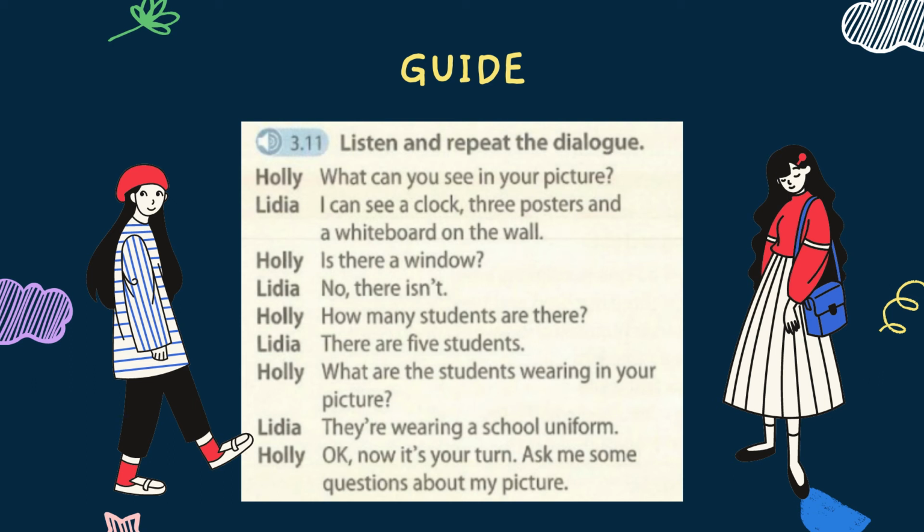What can you see in your picture? I can see a clock, 3 posters, and a whiteboard on the wall. Is there a window? No, there isn't.